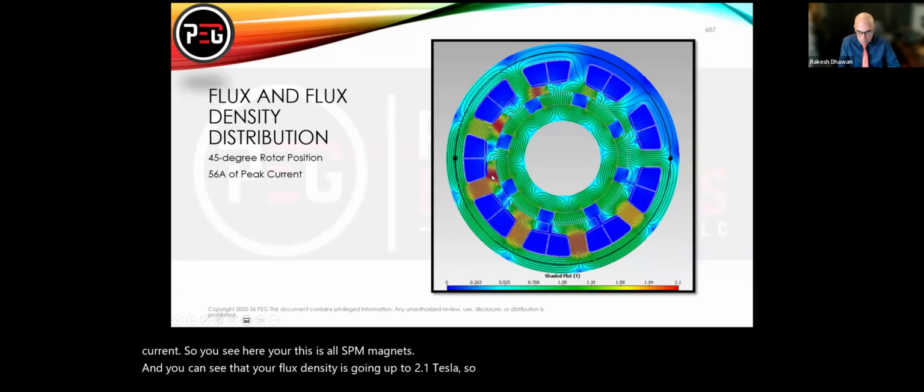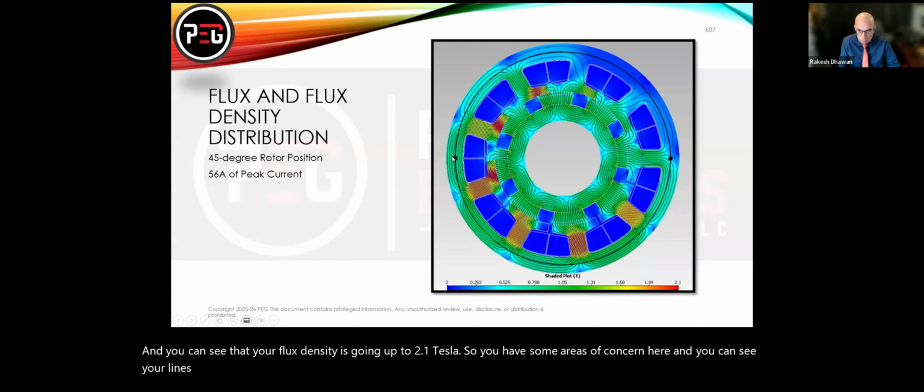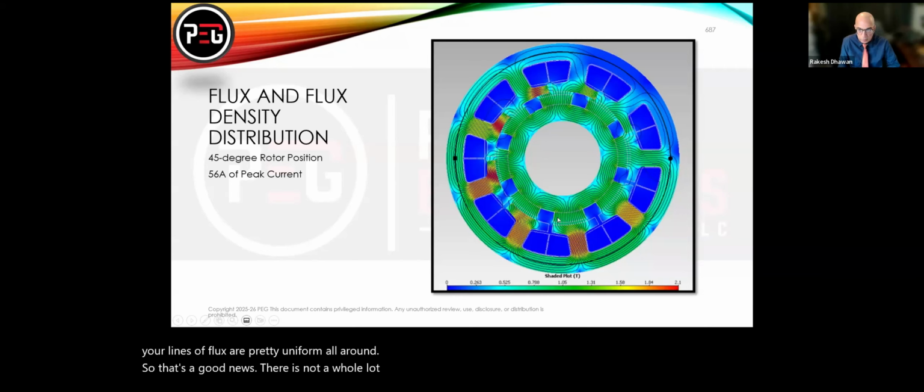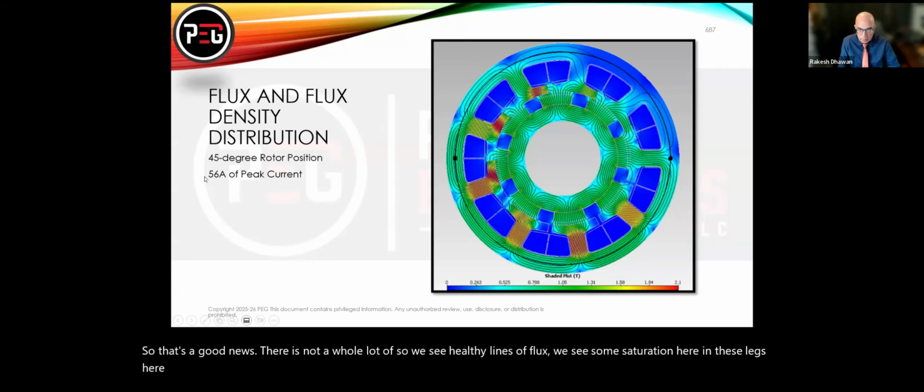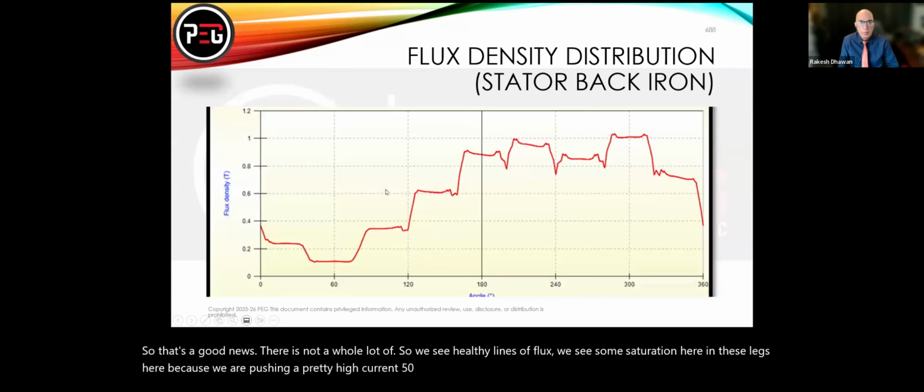You have some areas of concern here, here, and here. Your lines of flux are pretty uniform all around, but that's the good news. We see healthy lines of flux, and some saturation in these legs because we're pushing a pretty high current, 56 amps.